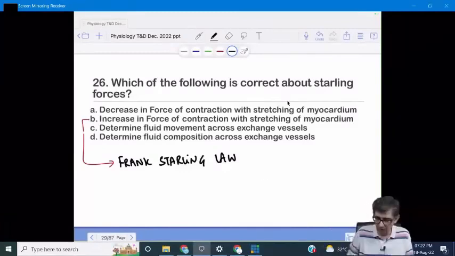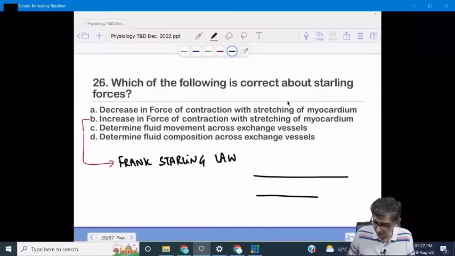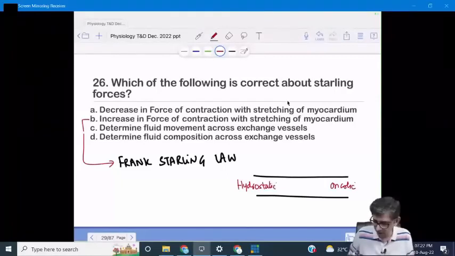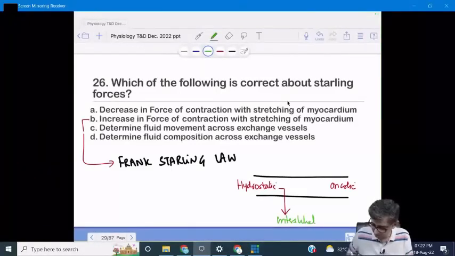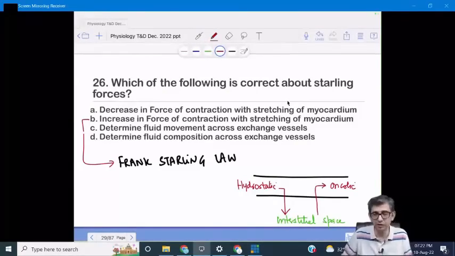Starling forces means that across a blood vessel there would be two pressure heads. One is called the hydrostatic pressure head, the other is called the oncotic pressure head. Hydrostatic pressure will cause the fluid to move out into the interstitial space. Then the fluid will go back into the blood vessel because of the oncotic pressure.